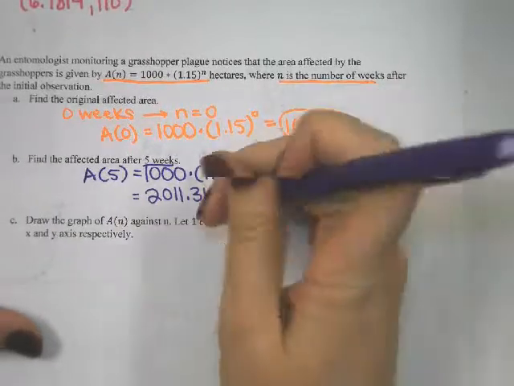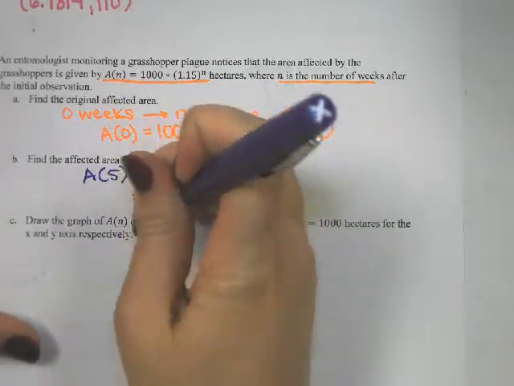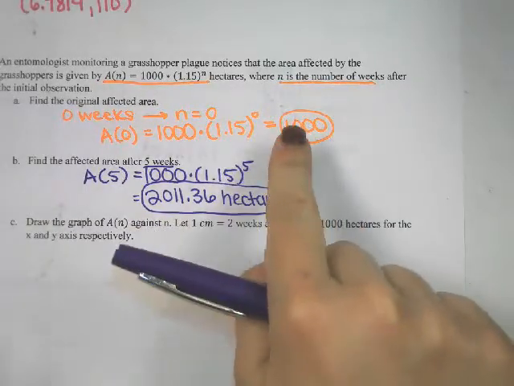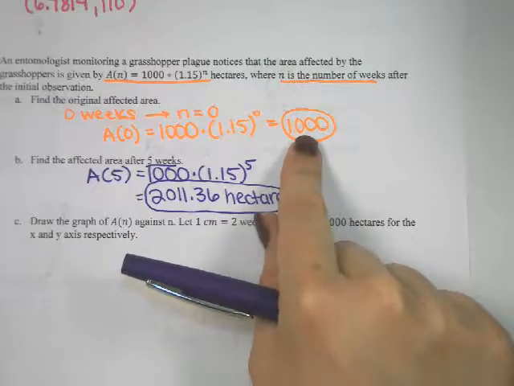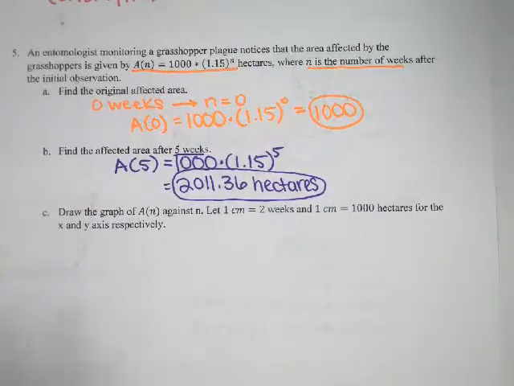This is in terms of hectares. So you can see the affected area is increasing, as it started out with 1,000 acres, and now it's up to 2,011. So it is increasing in the amount.